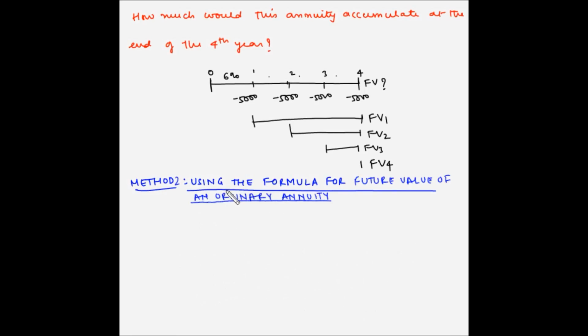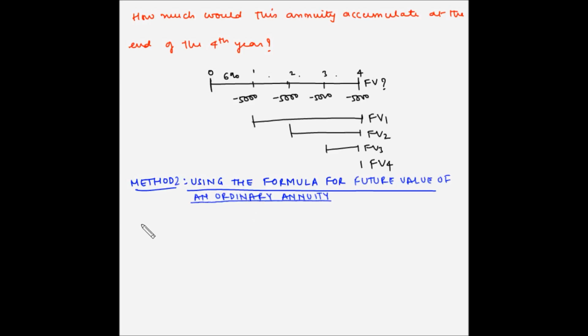The second method is to use the formula for future value of an ordinary annuity. So as we had seen in the video for future value of an annuity, we have seen how to derive the formula for calculating the future value of an ordinary annuity.